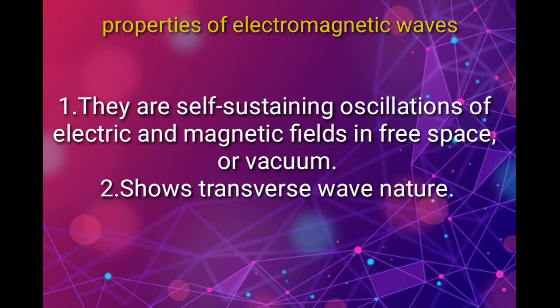The first property: they are self-sustaining oscillations of electric and magnetic fields in free space or vacuum. And the second property: electromagnetic waves show transverse wave nature.